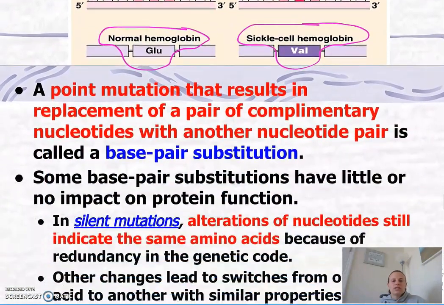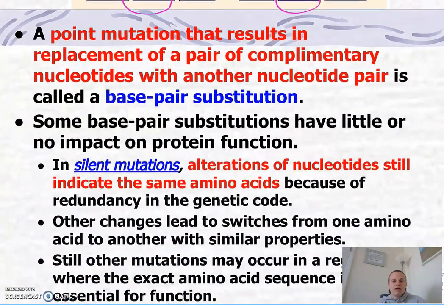Now, a point mutation that results in replacement of a pair of complementary nucleotides with another nucleotide pair is called a base pair substitution. So we know that our base pair rule is C matches with G and A matches with U when we're talking about translation.